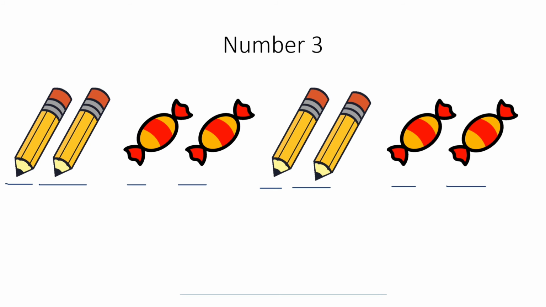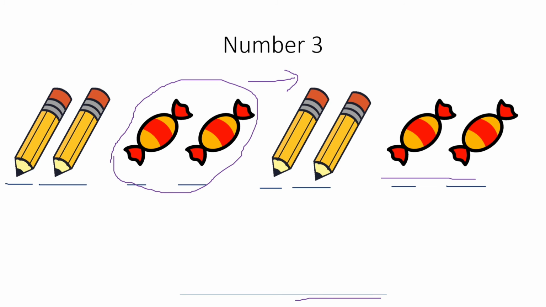So let's look at where we have sweeties in this pattern. Here we have sweeties, okay? And after this, meaning here is after, we have two pencils. So if after this set of sweeties we want to know what we're going to put at the bottom here, we will say pencils.